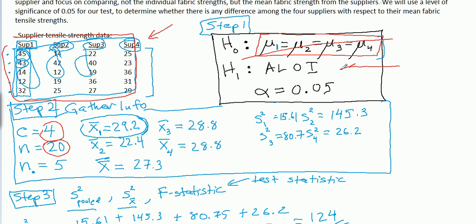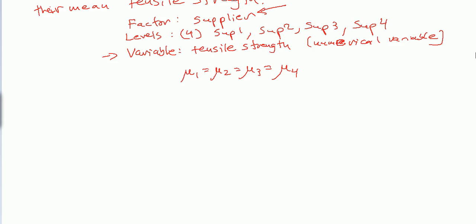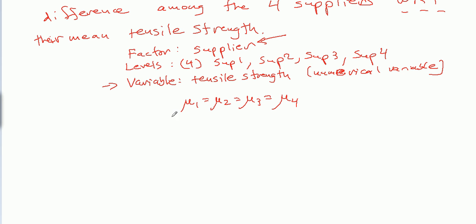Well, let's say that's what happened. I would conclude that there's strong evidence that there's at least one inequality among the 4 suppliers with respect to mean tensile strength. So now I'm concluding H1, which means that at least one of these suppliers is different than the others, or all of them are different, or some pairs are different than other pairs, or triplets are different than some other one, and so on.